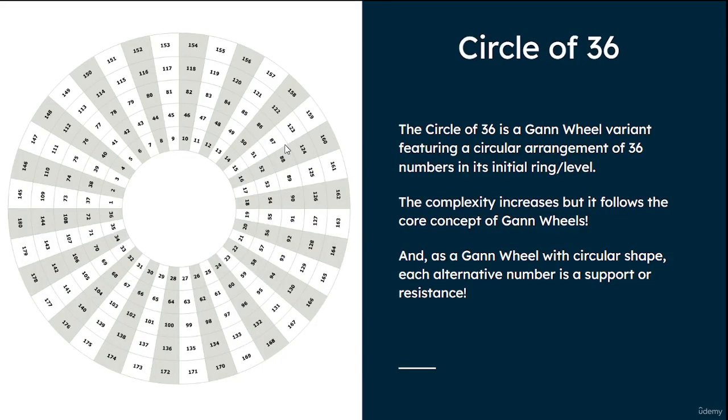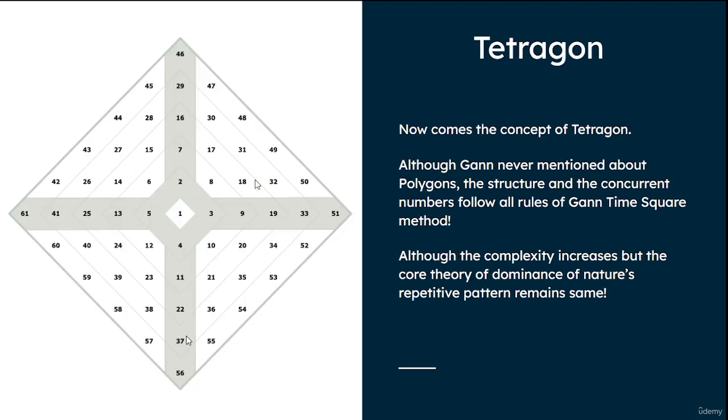There is also the circle of 36 because there are 36 numbers in the initial ring. 36 plus 36 is 72, 72 plus 36 is 108, again 36. It is going outwards like this. Now there is the tetragon. This is the most interesting part, that Gann never mentioned polygons. The structure and concurrent numbers actually follow the rules of the Gann time square method.